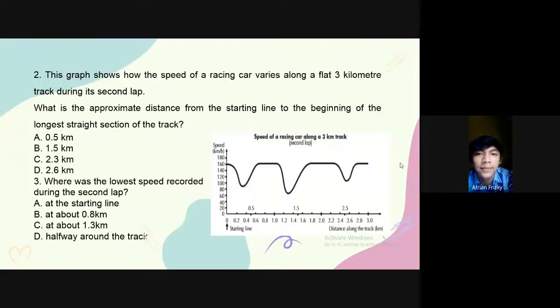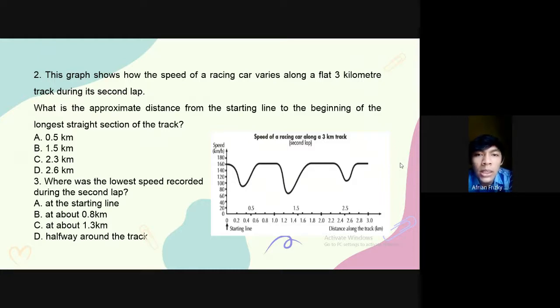Okay, next. This graph shows how the speed of a racing car varies along a flat 3 kilometer track during its second lap. What is the approximate distance from the starting line to the beginning of the longest straight section of the track? And the third, where was the lowest speed recorded during the second lap?